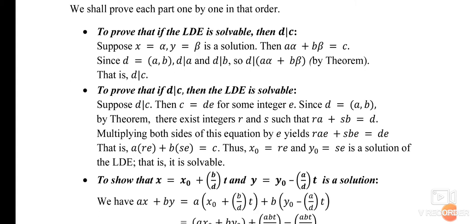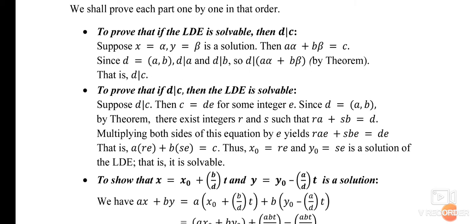Here what we did, we write the GCD d as a linear combination, d equal to ra plus sb. We write the GCD of a and b as a linear combination of a and b. Then we multiply this equation on both sides by e, where e is c by d, since c equal to de. So, e equal to c by d. So, we multiply by e on both sides, and we get a particular solution.